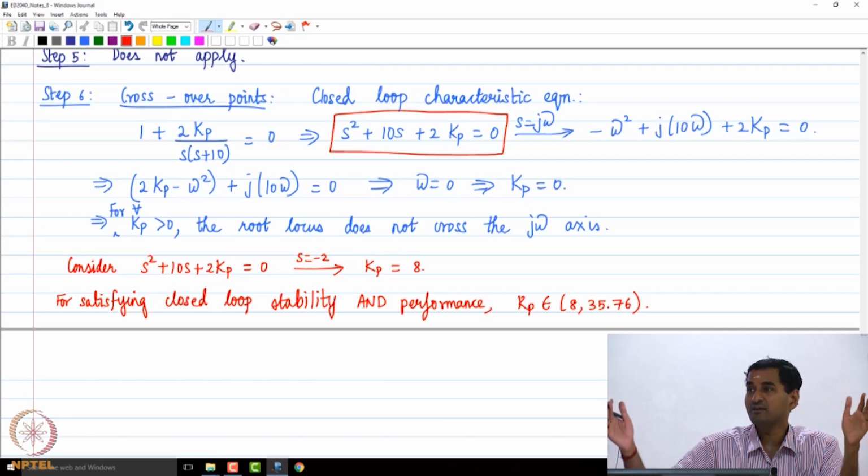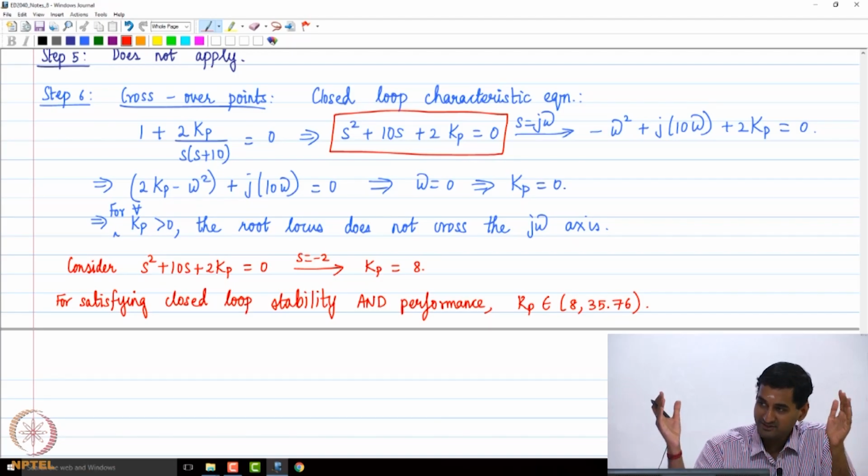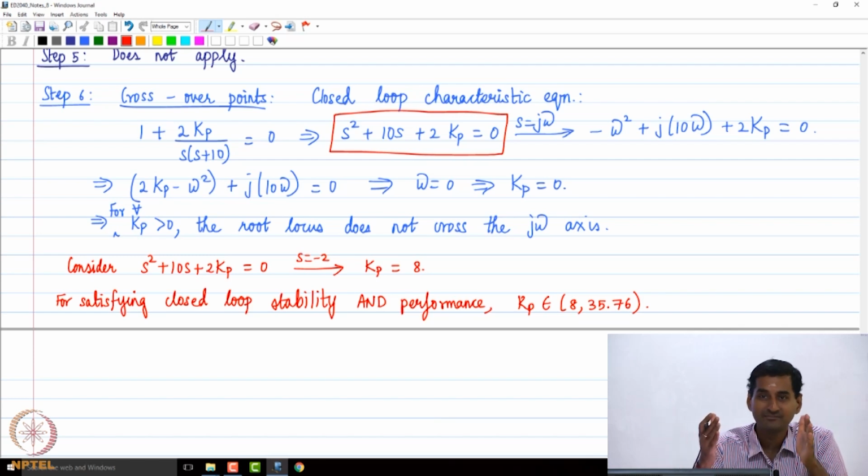So please note that we have progressively reduced a huge region of proportional gain, minus infinity to plus infinity. First we reduced it to 0 to infinity. Then 0 to infinity has been reduced to 8 to 35.76, right?